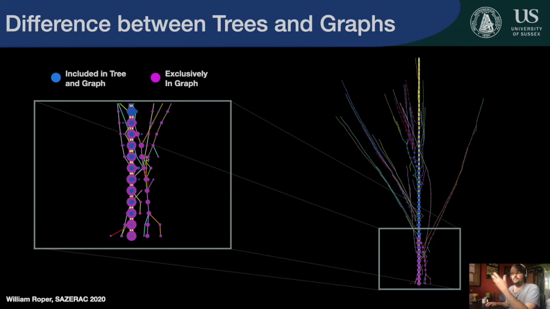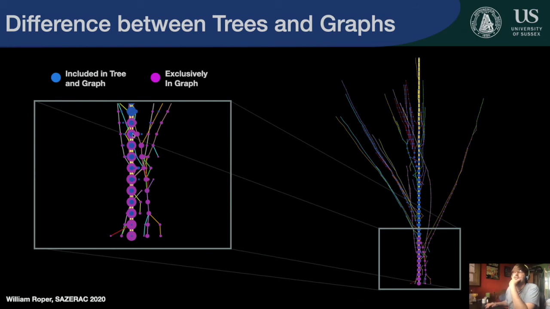And the size of the scatter point is relative to the mass of the halo. So the two takeaways from this that I want to show you are the complexity of the graph relative to the tree. So there is a huge amount of information encoded here that you are losing just by looking at the tree. But also, if you focus on the blue points in this main branch here, so the trunk, these are the most massive halos in the evolution.